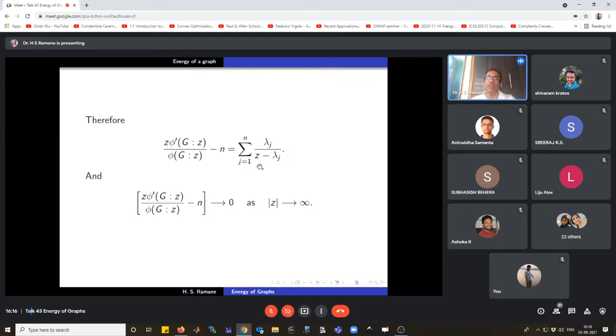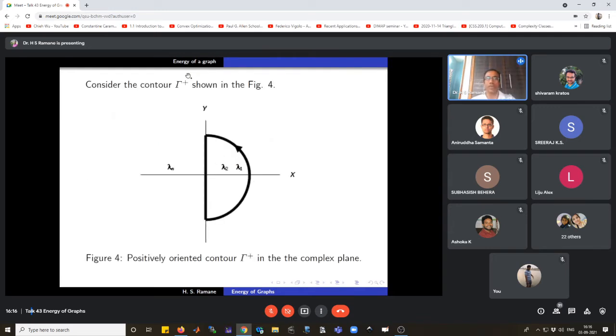So as mod z tends to infinity, this quantity tends to 0. So z phi dash divided by phi minus n tends to 0 as mod z tends to infinity. Then consider this positively oriented contour, as shown here.